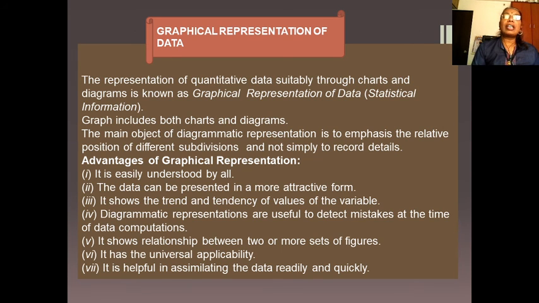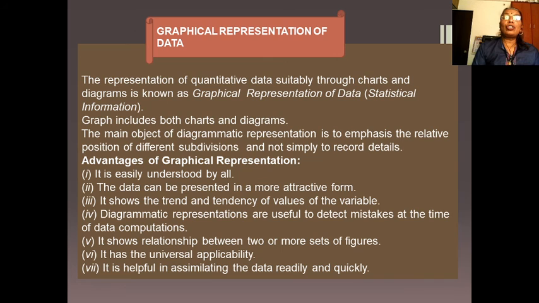First, it is easily understood by all. Second, the data can be presented in a more attractive form. Third, it shows the trend and tendency of values of the variable. Fourth, diagrammatic representations are useful to detect mistakes at the time of data computations.